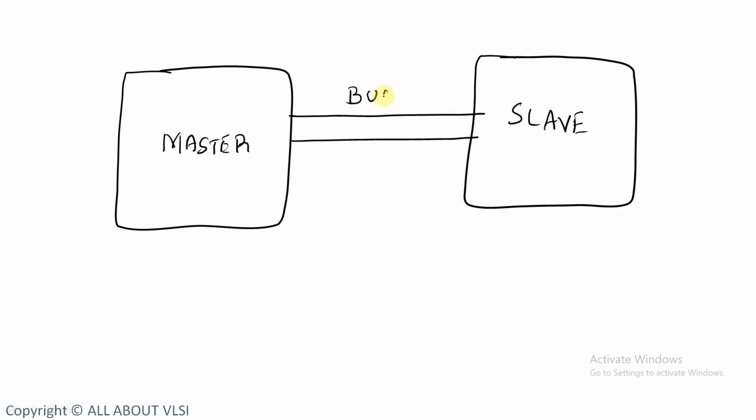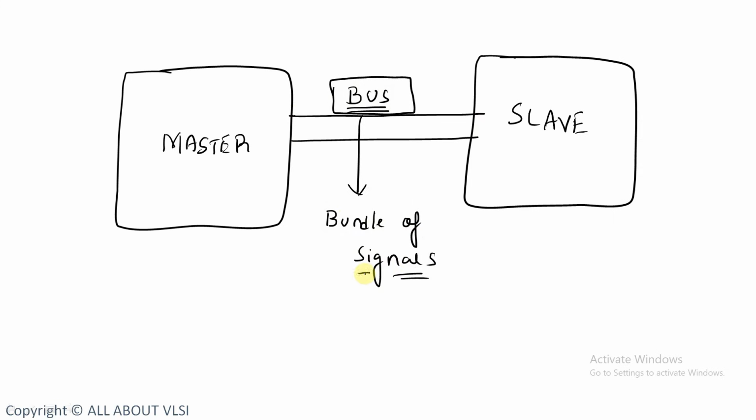Now, what do you mean by bus? A bus is nothing but a bundle of signals, where using these signals our master and slave are going to communicate with each other. So this bundle of signals, we are going to call it a bus.